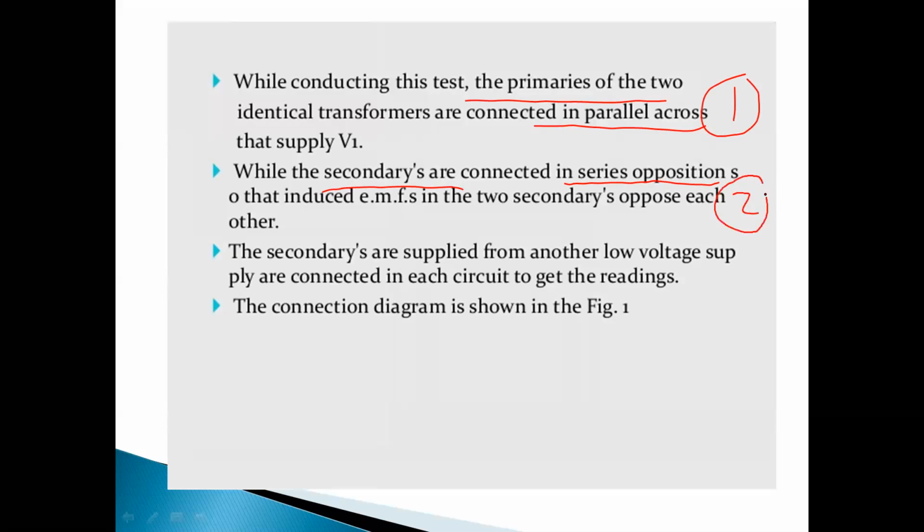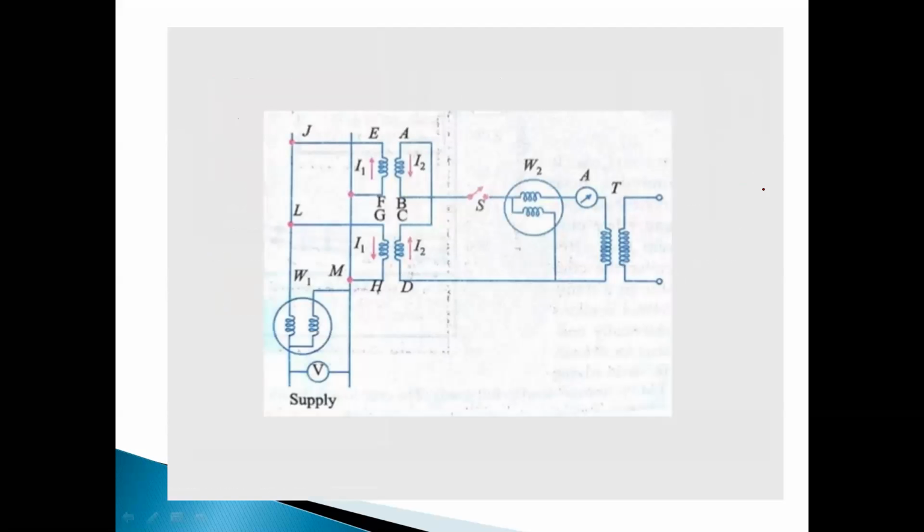This is very important. Next, the secondaries are connected in series opposition, so that the induced EMFs in the secondaries oppose each other. The secondaries are supplied from another low voltage supply connected to the circuit to get the readings. Okay, I will explain the circuit diagram.